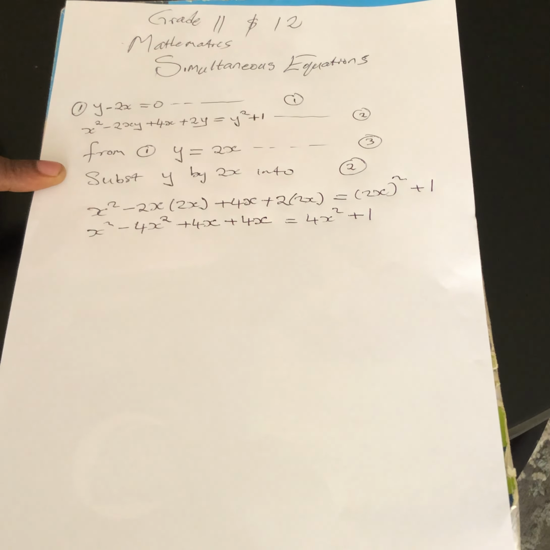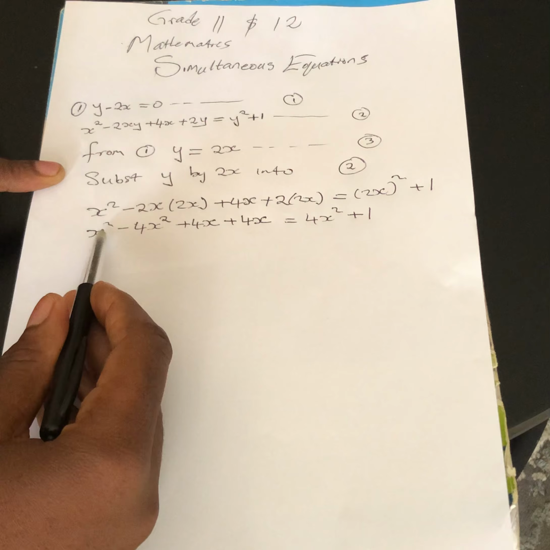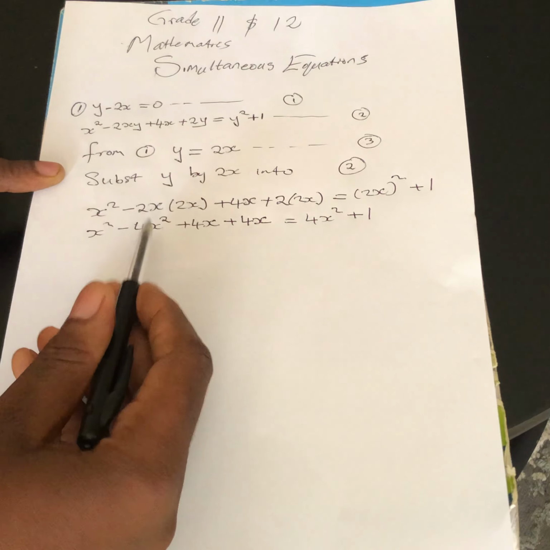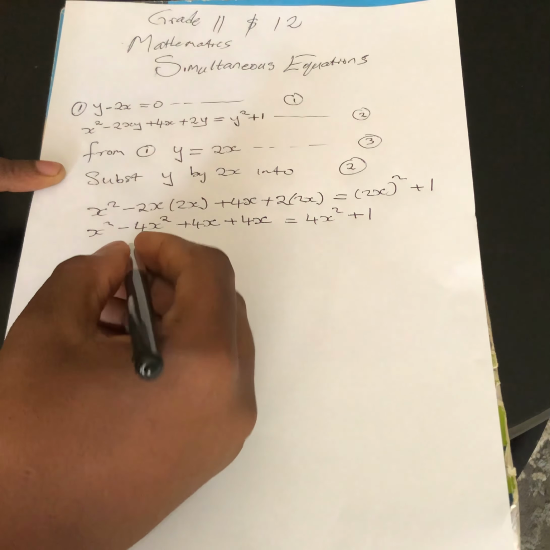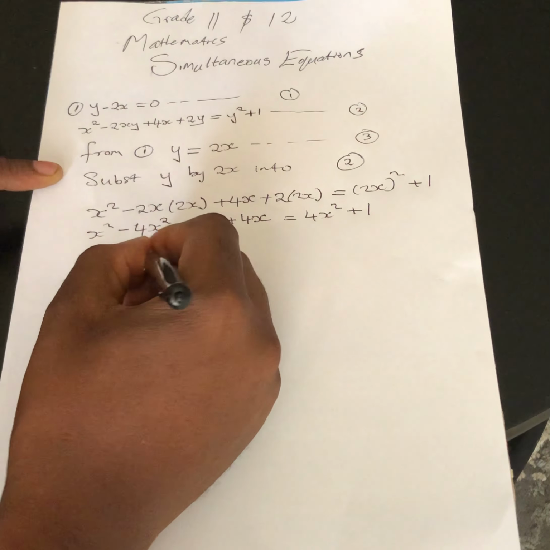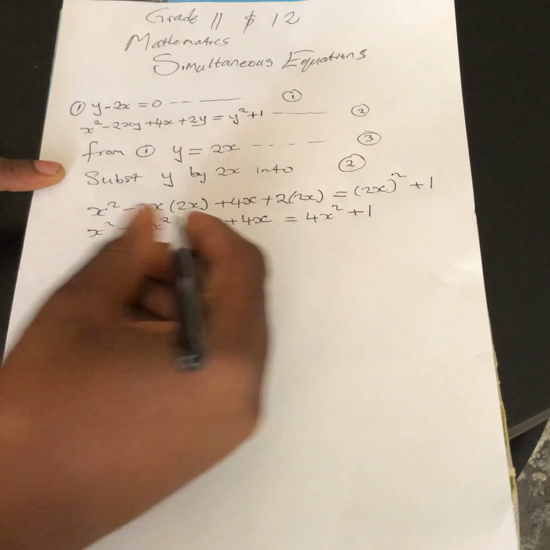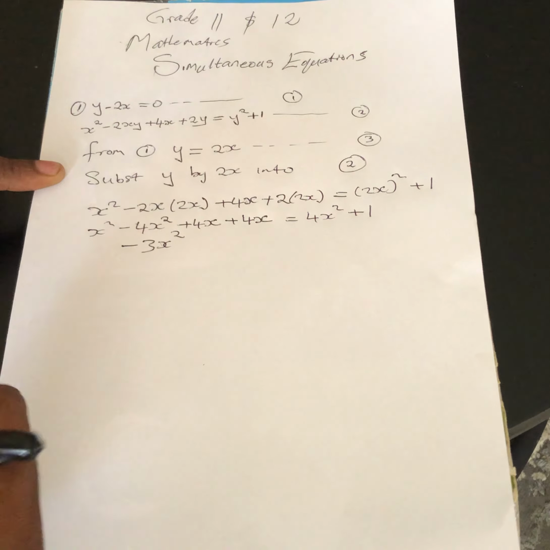And then you try to simplify this to add the like terms. We have x squared minus 4x squared. This is going to give us negative 3x squared. Then we have 4x plus 4x.